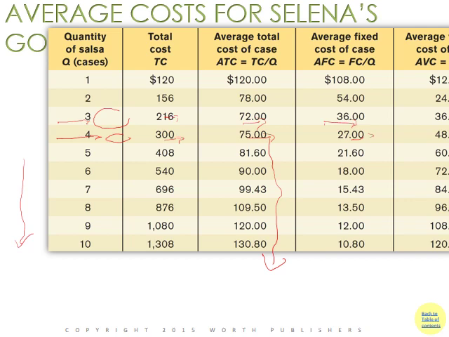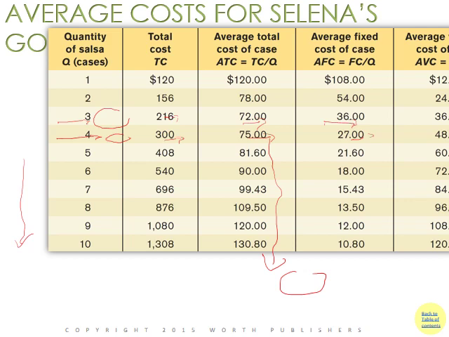So our average fixed cost when output is equal to 10 is 108 divided by 10, which is equal to 10.8. So you can see average fixed cost is spread out over additional output and decreases. And if quantity increased beyond this, average fixed cost would continue to decrease, but at a diminishing rate.